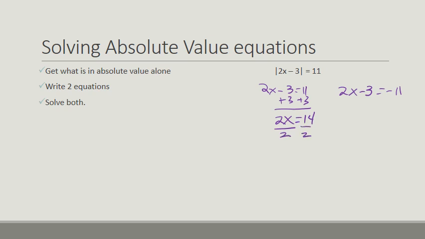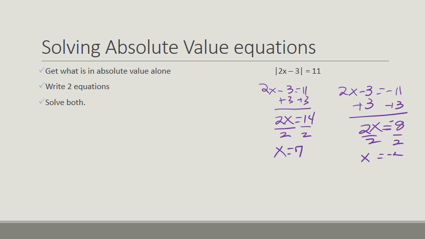If you divide by 2, you get x equals 7. Here, if we add 3 to both sides, we're going to get 2x equals negative 8. And if I divide by 2, x equals negative 4.